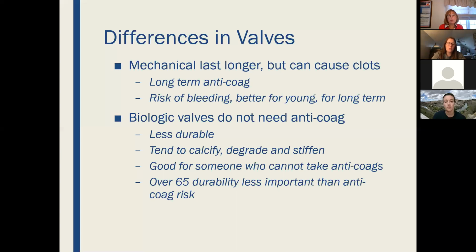If you have a person over 65 with a mechanical valve on long-term anticoags, and they fall, the biggest trauma is they'll bleed into their head. So it's a risk-benefit ratio. And it's not up to us, but it's up to us to understand why they're picking one over another for the patient.